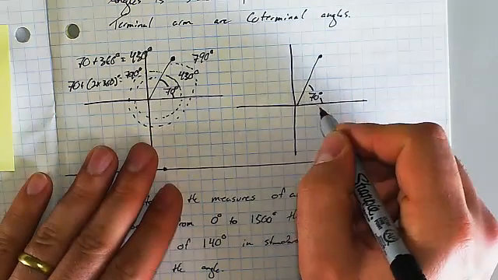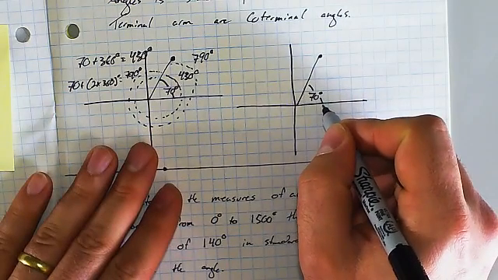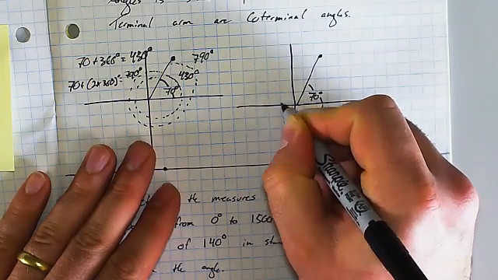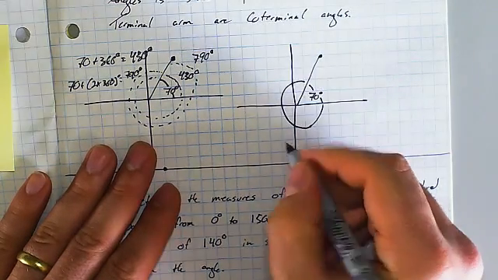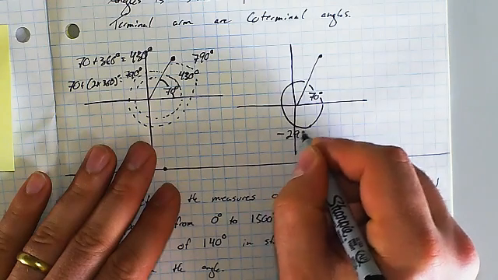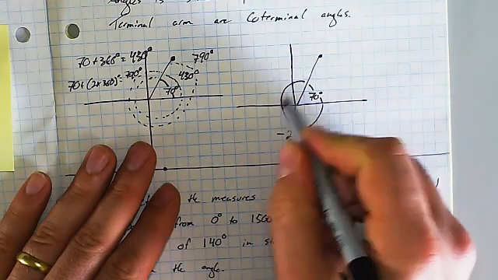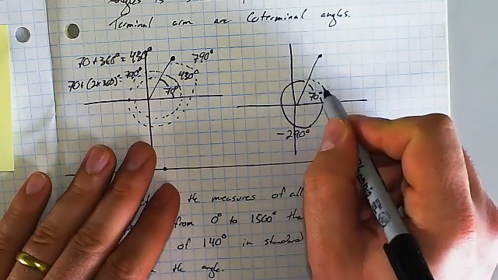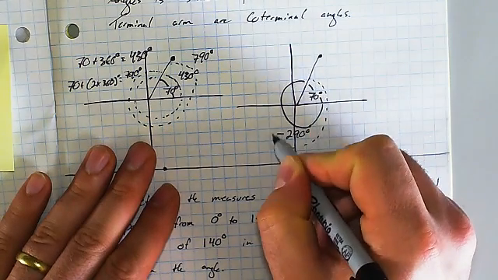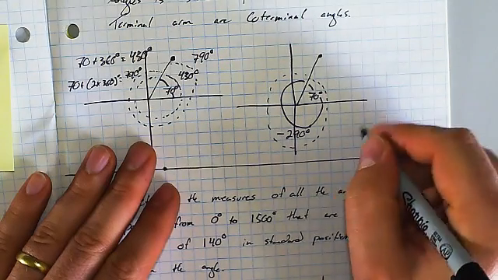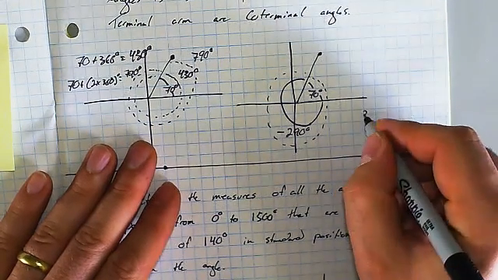If I go backwards and reverse, because I know this is 70 degrees, my negative angle, going from 0 back here, is going to be negative 290 degrees, because again, negative 360 plus 70 would be negative 290. If I kept going, there's 2 ways to do this.